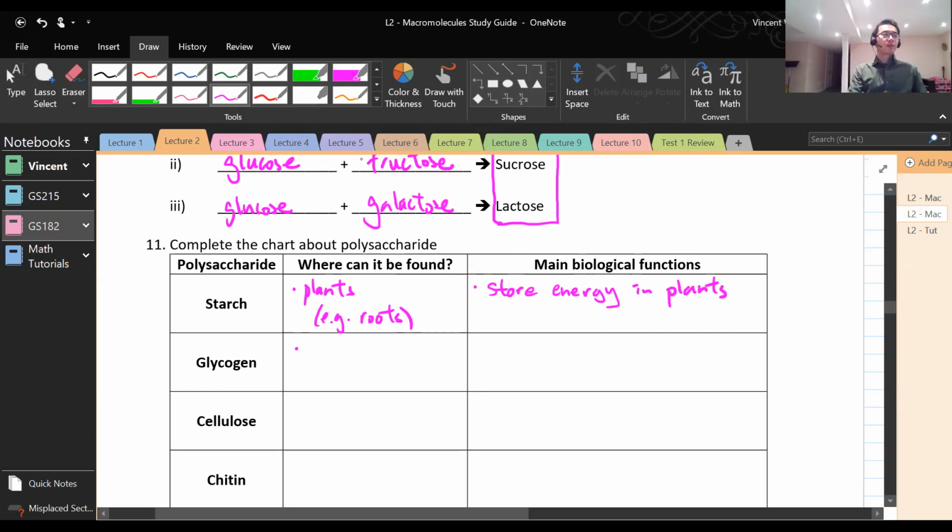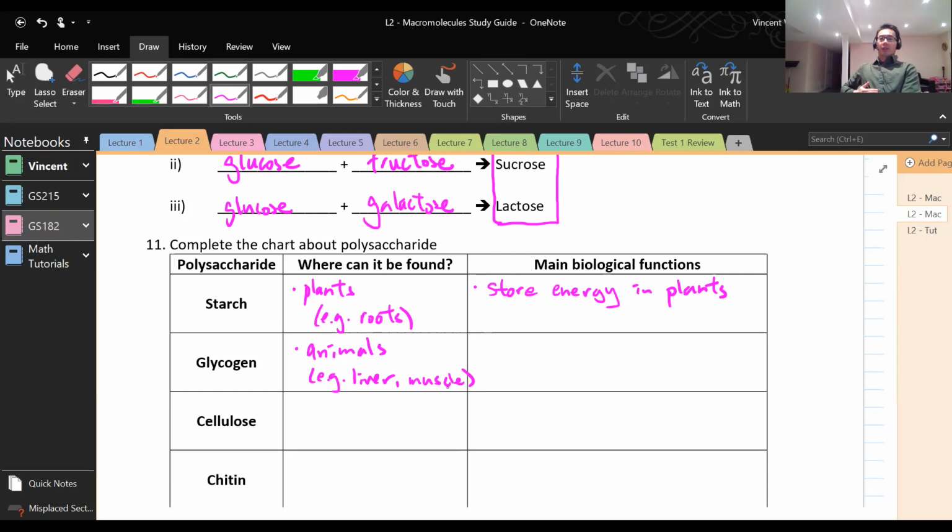Glycogen. Where do we find glycogen? We find it in animals, in locations such as liver and muscle. Your liver is on the right side, just below your diaphragm. The diaphragm is right here, and then the liver is around this area.